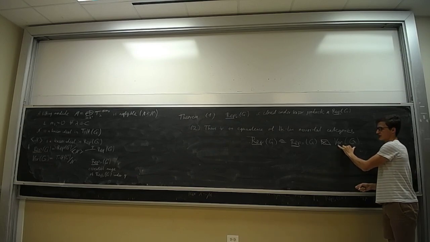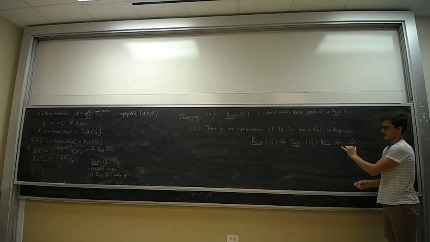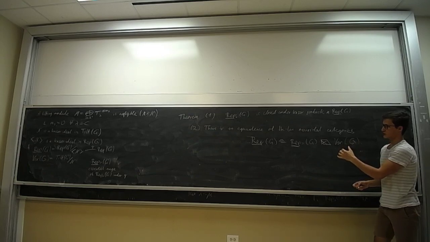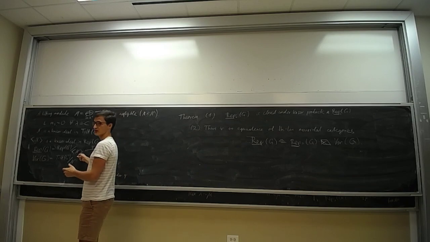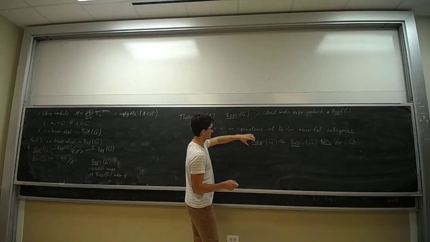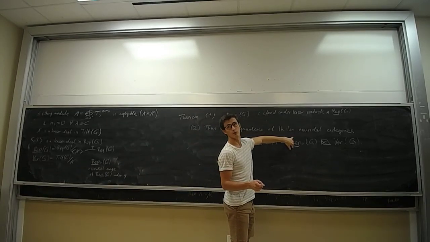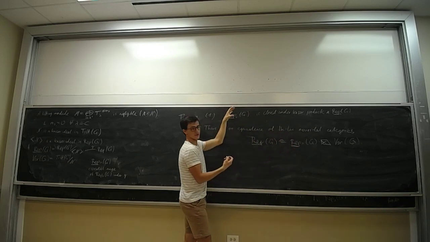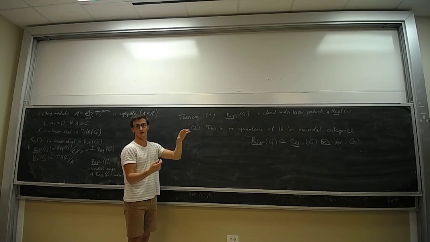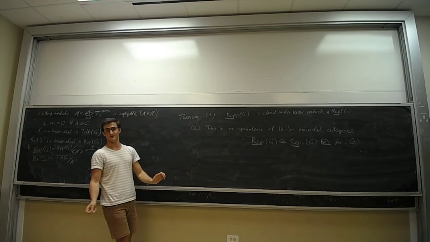So this is something we really understand, which means that all the tensor product information up to direct summands in angle brackets N is really going to be encoded in this principal block. And taking tensor products in the principal block makes sense by the first part of the theorem. This sort of works.